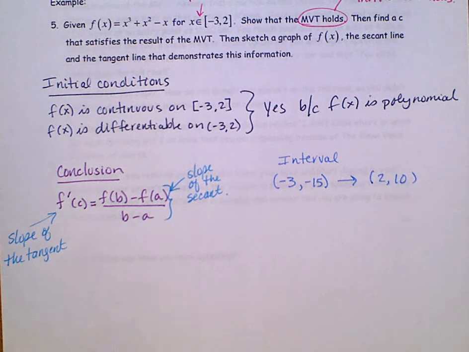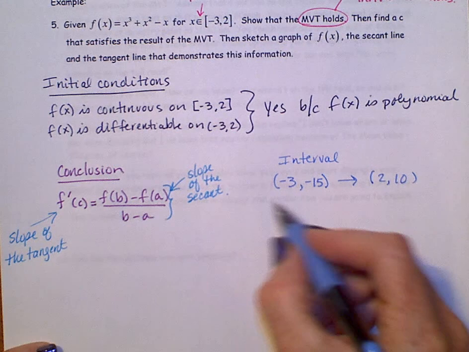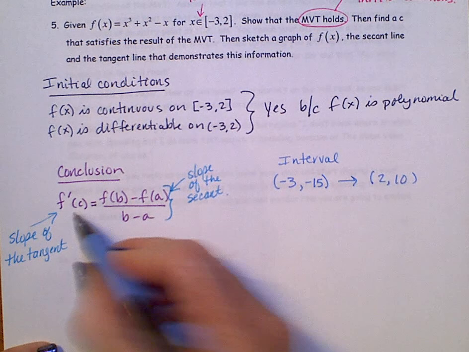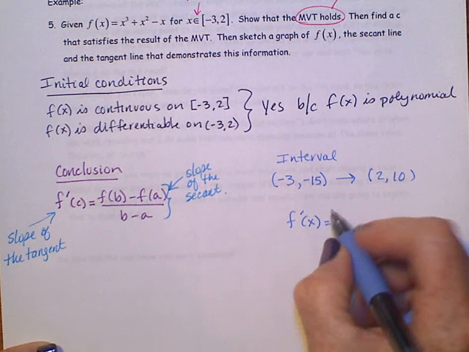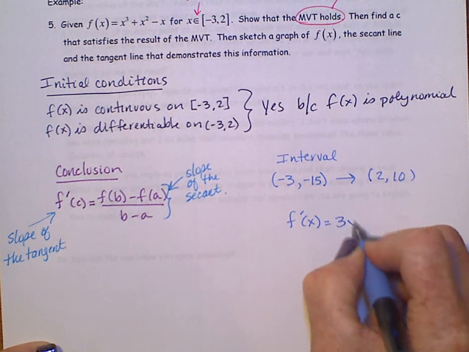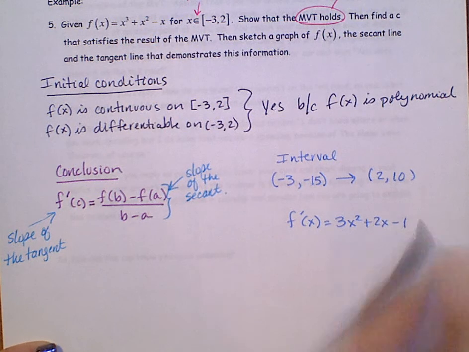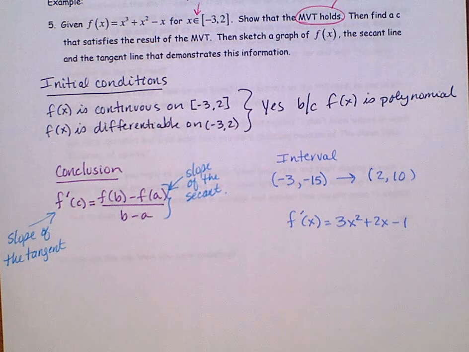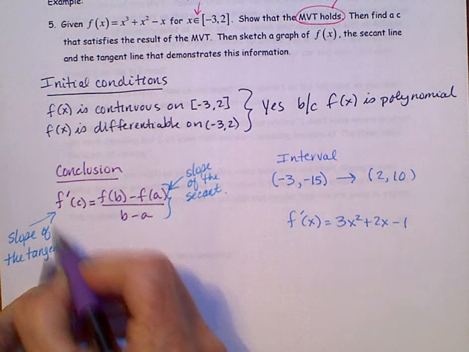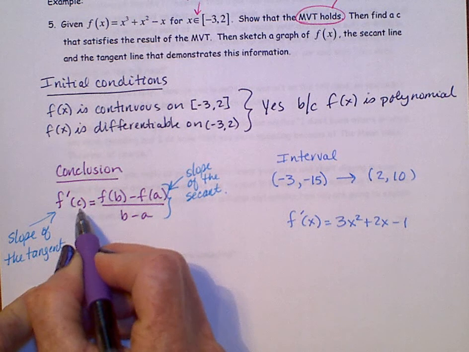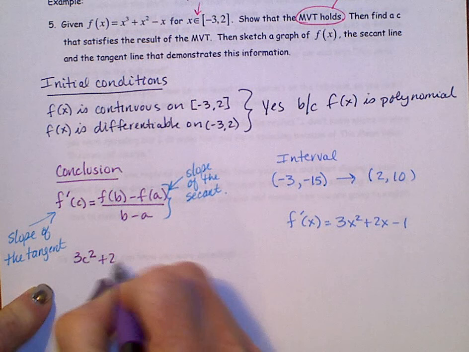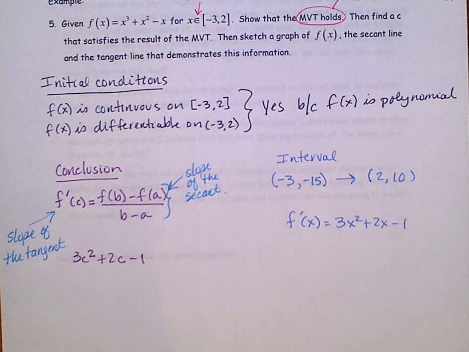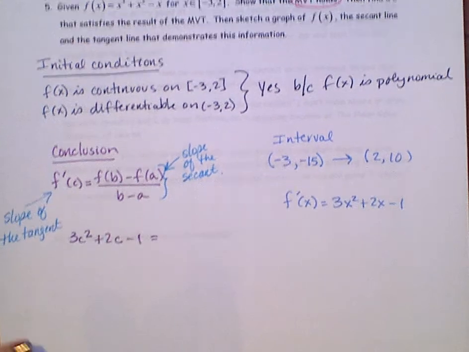All right. Once we have this interval, let's go ahead and find f prime of x. F prime of x is 3x squared plus 2x minus 1. So when we take that bit right back over here, f prime at c is 3c squared plus 2c minus 1, and that has to equal the slope of the secant.